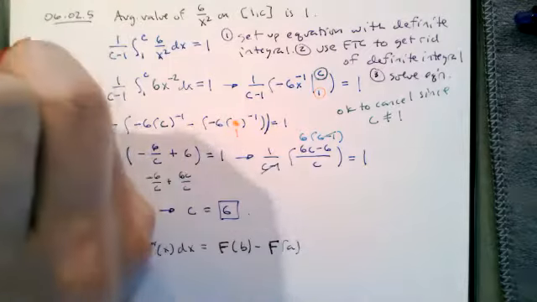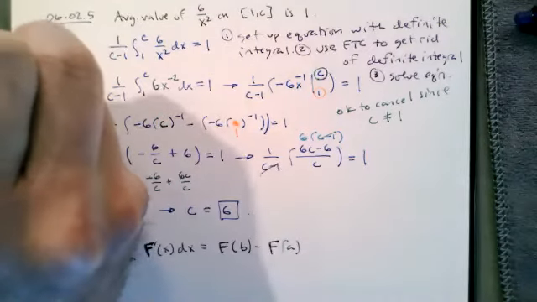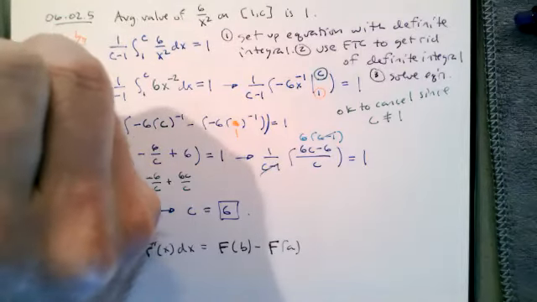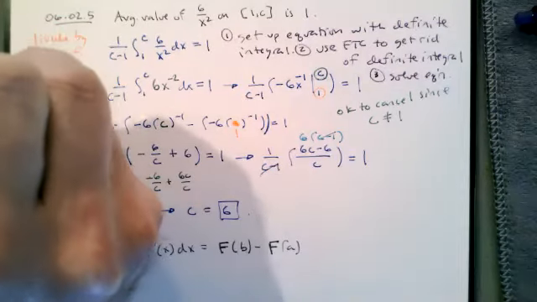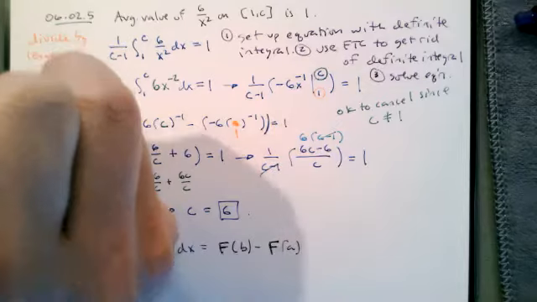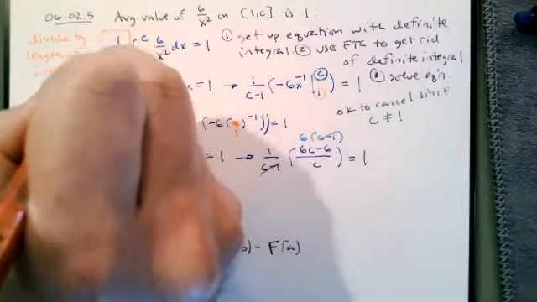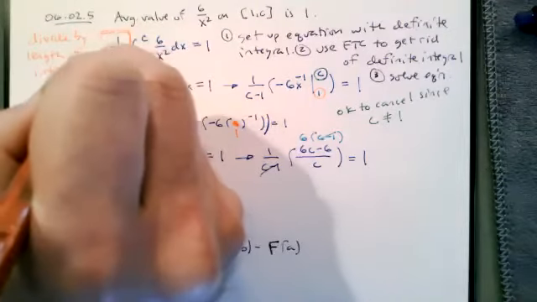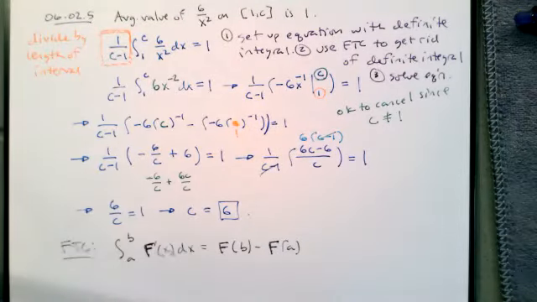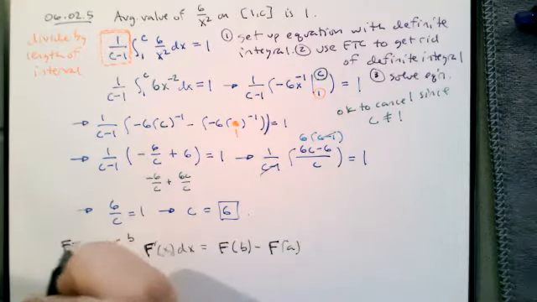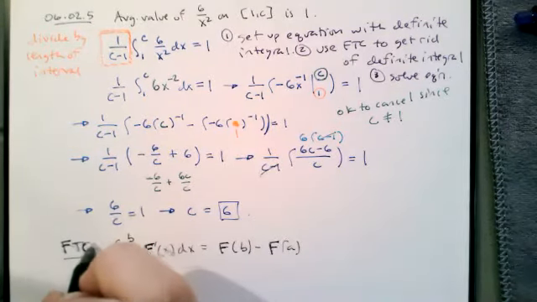It says divide by the length of the interval. In this context, that's how we divide by the number of things.